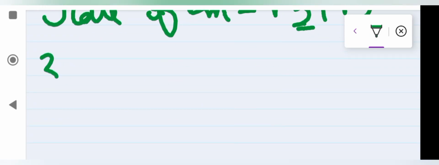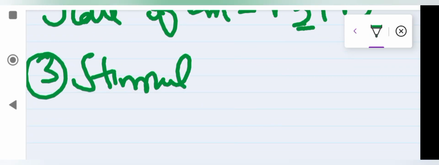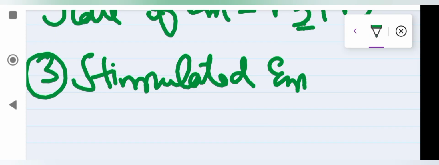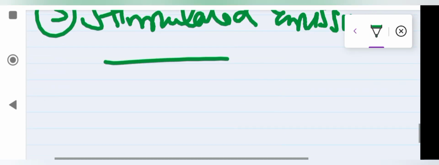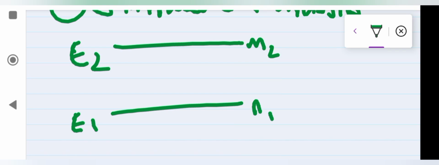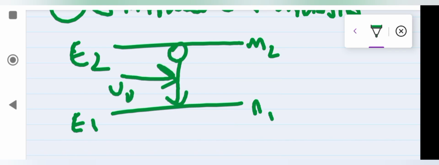Next, coming to stimulated emission. Here also it is coming from E2 to E1, and this is N2 and this is N1. But here we are providing it with energy, which is U nu, and photons are released. Photons released we know, but for this derivation currently it is not required.